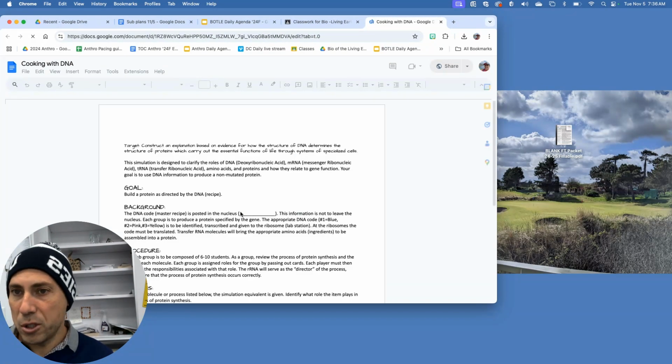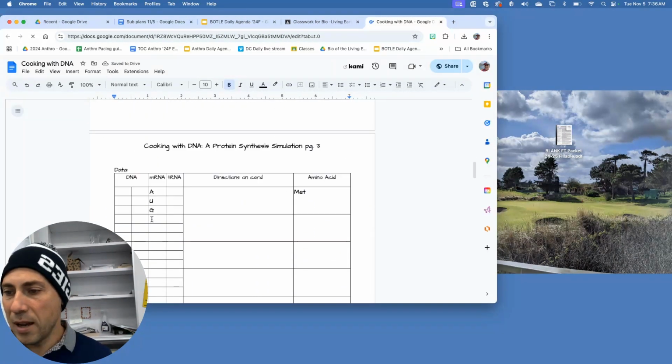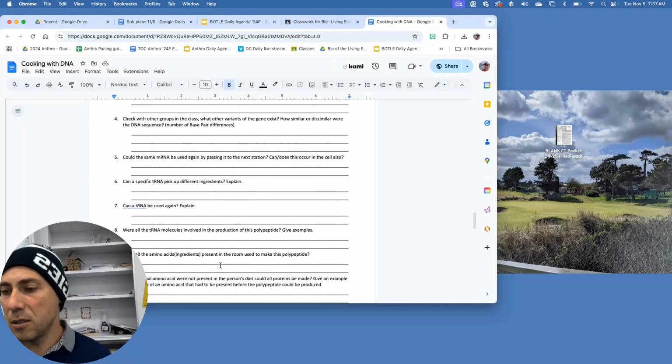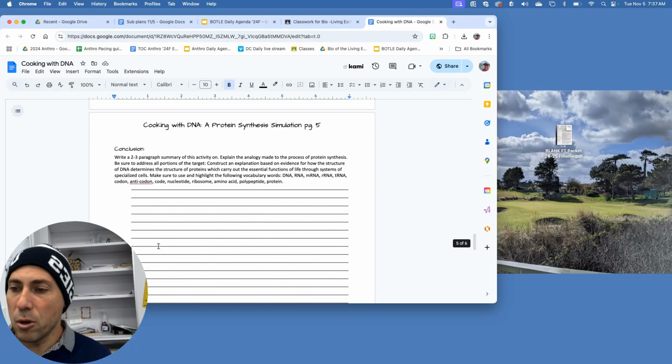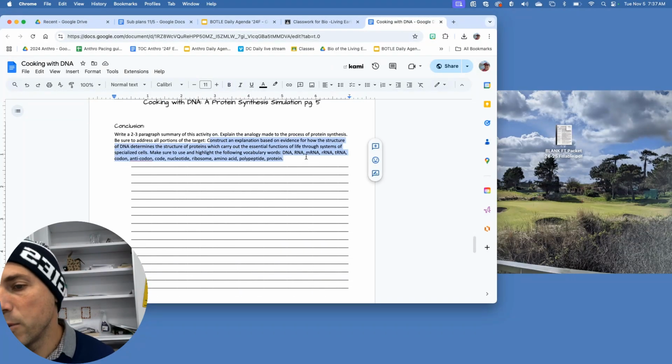You answer your questions thoroughly using complete sentences. All right. We've got this all completed. You're going to answer these in complete sentences and you're going to write a conclusion. What did you learn? Read this carefully. It says construct explanation based on evidence for how structure of DNA determines the structure of proteins. Right? This is kind of summarizing what we did in the lab.